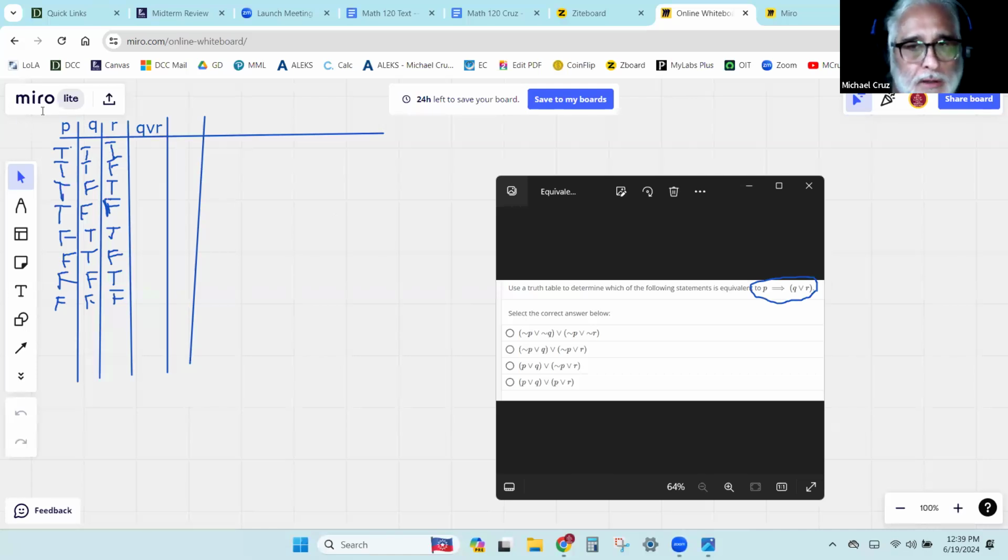So Q or R, as long as we got one T, it's true. So we're looking at these two. True. True. True. False. True. True. True. And false.